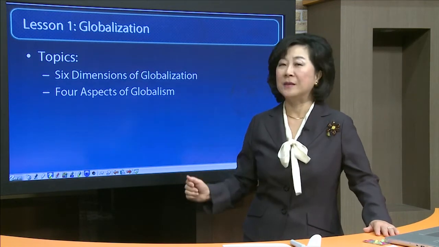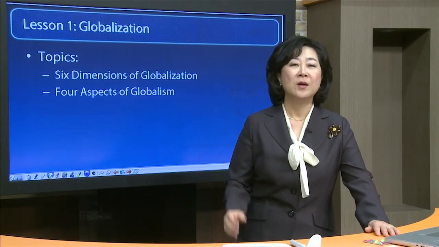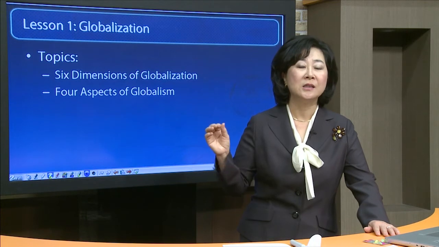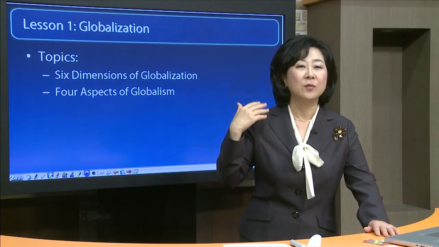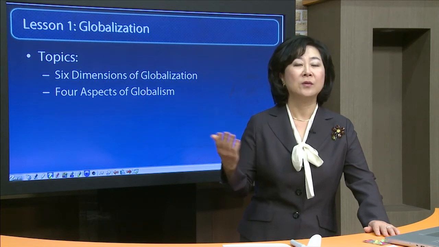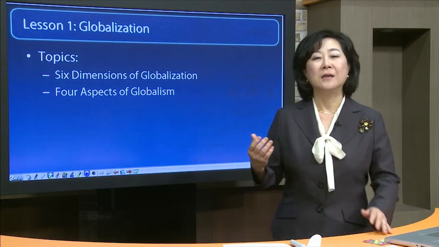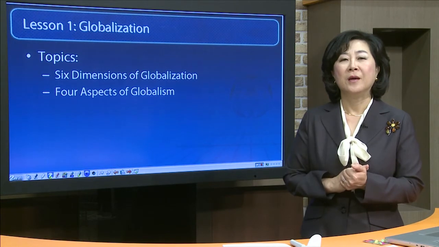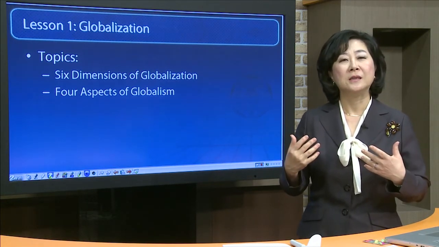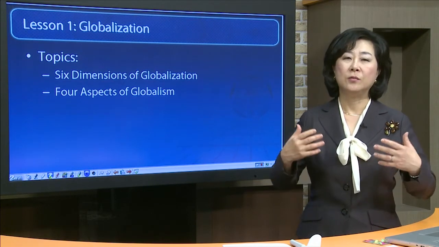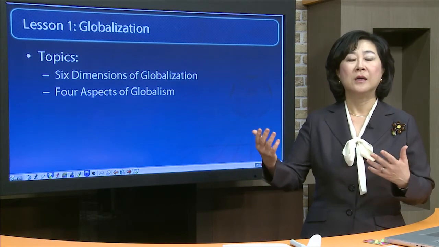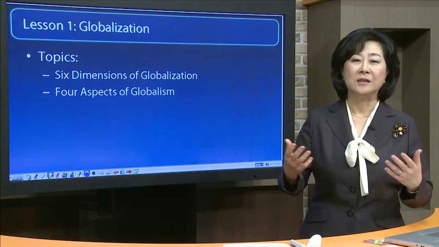Now in the 4 aspects of globalism, we're going to see if the objective changes in globalization have affected the way we think in our minds, the way we act, because we know that the world has changed. Let's say there is a grandmother who lives in the countryside who has been affected by globalization in the sense that she watches TV, she reads the newspaper, she knows that her children and grandchildren love the internet and this and that.